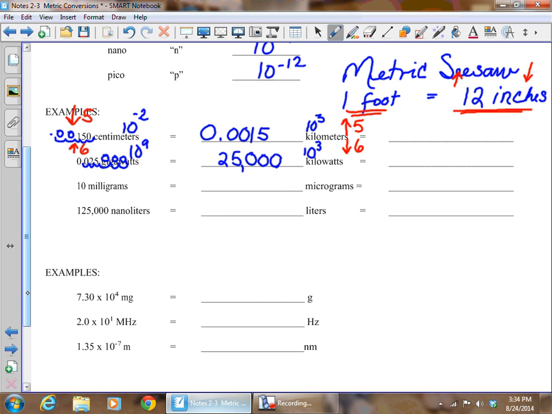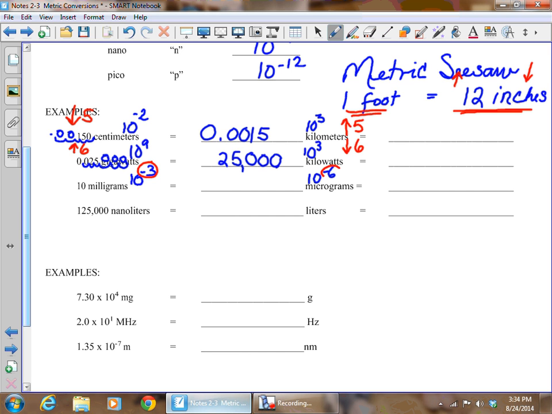So hopefully you've looked at this one, and hopefully the very first thing you did was to figure out what our metric prefixes were. Milligrams, milli is 10 to the negative third. Micro, 10 to the negative sixth. So we went from an exponent of negative 3 to an exponent of negative 6.